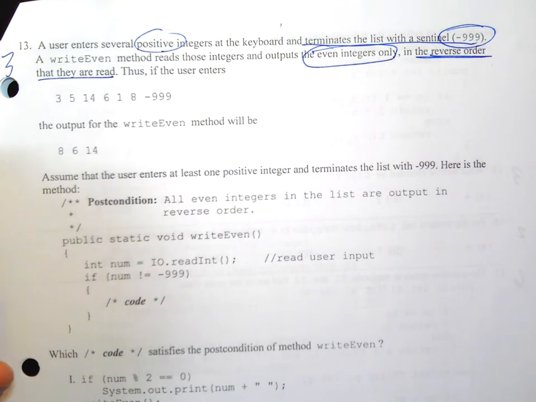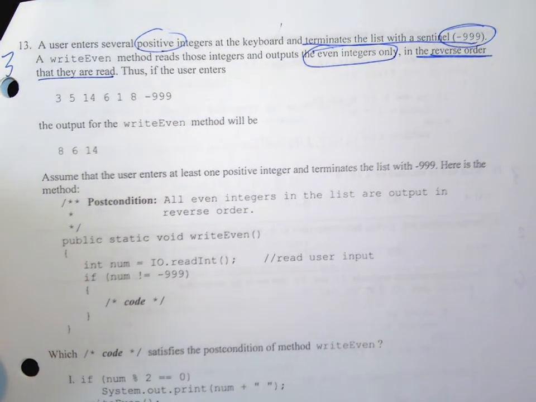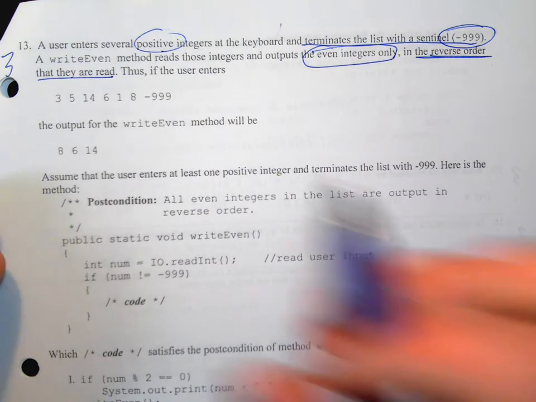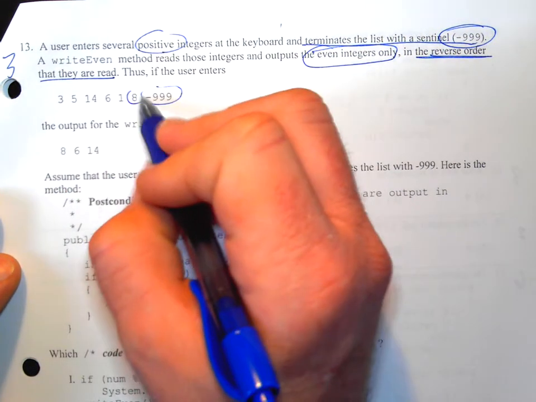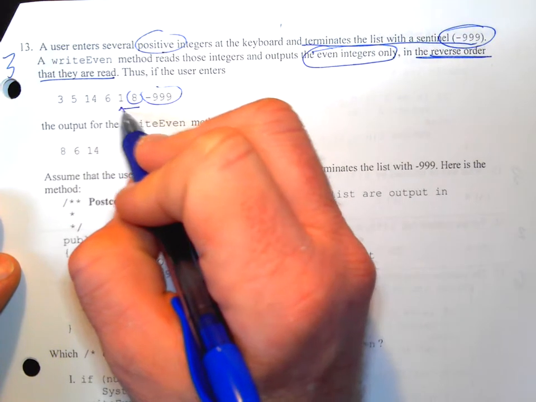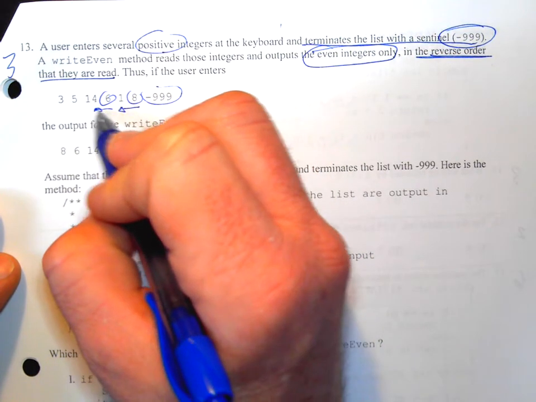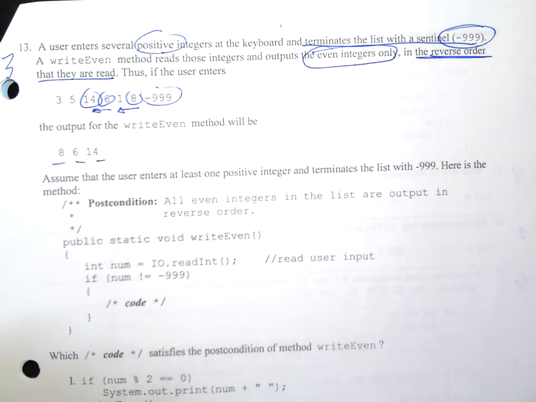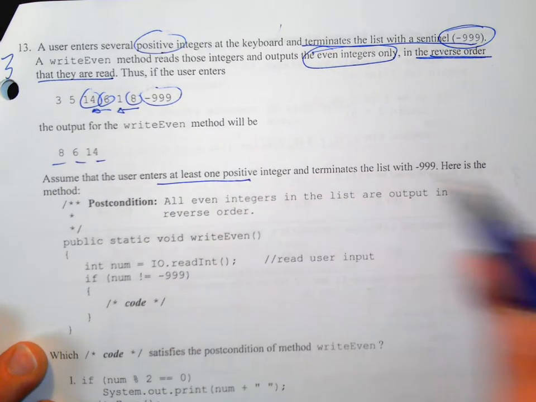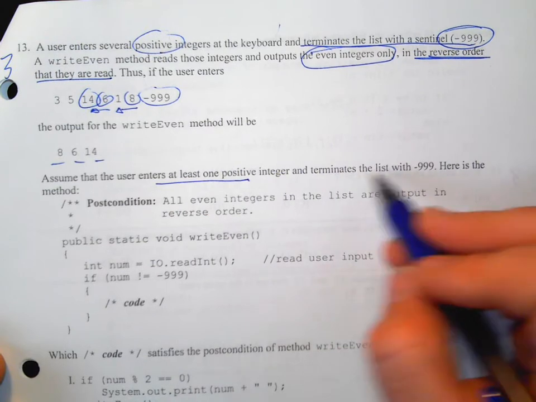So reverse order is going to work well if we do the printing out after the next recursive call. They give you an example. We go through here. This is the last one. Here's the first even, and then the next even, and then the last even, and it prints them out backwards. Assume that the user enters at least one positive integer and terminates the list with -999.